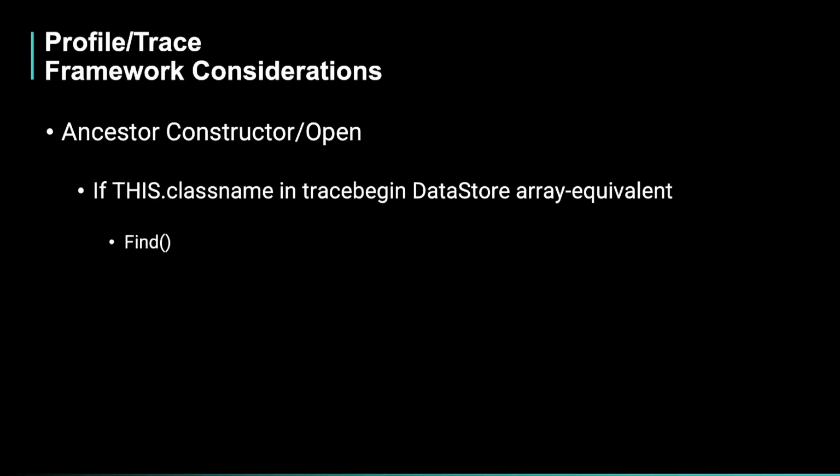This is the beauty of PowerBuilder. We have a data window. We can actually search the equivalent of an array using the find method to see if the current class, the descendant instance that's opening, does it have one of our trace begin classes?